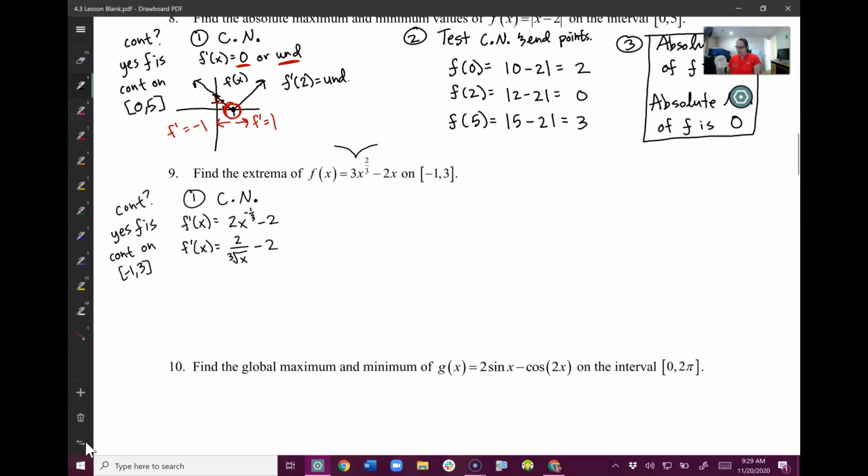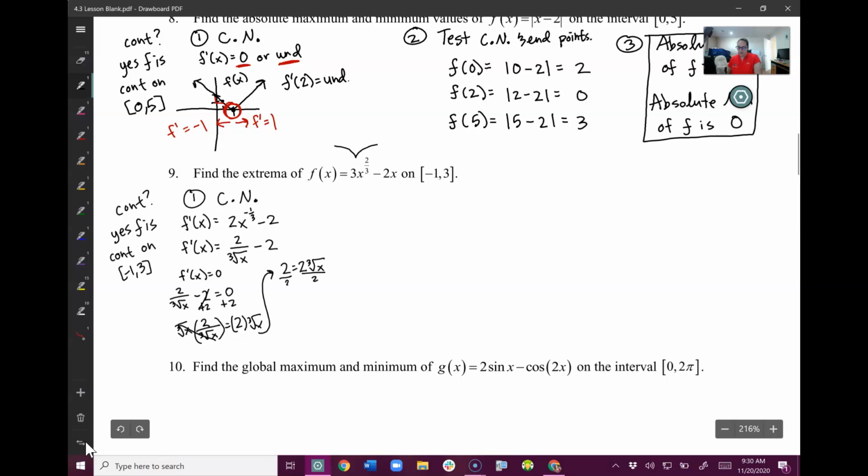First off, where f prime of x equals 0. So I have 2 over the cube root of x minus 2 equals 0. So let's solve this out. Multiply by the cube root of x to get it out of the denominator, because things in the denominator are gross.